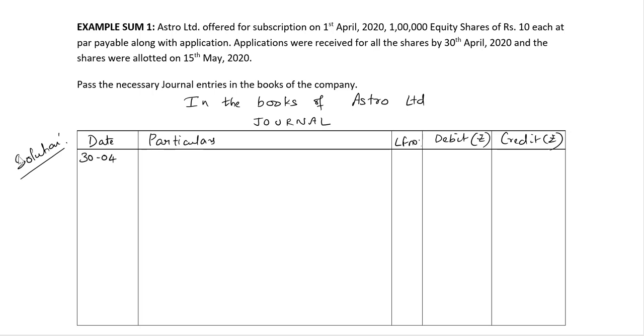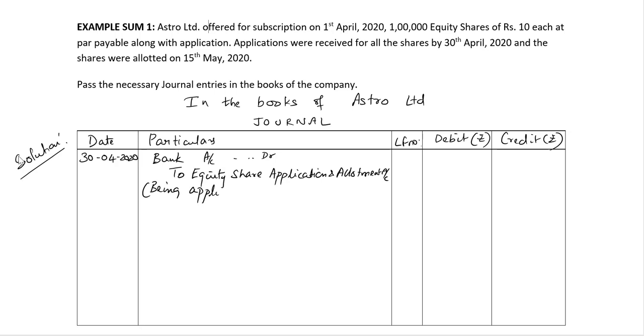So 30th April 2020, bank account debit, to specify that it's an equity share, so we have equity share application and allotment account, being application and allotment money received.